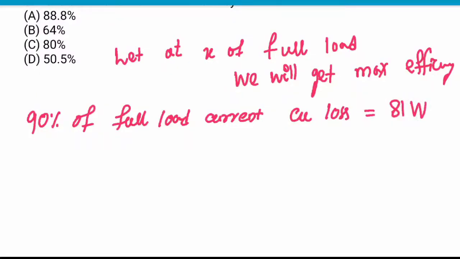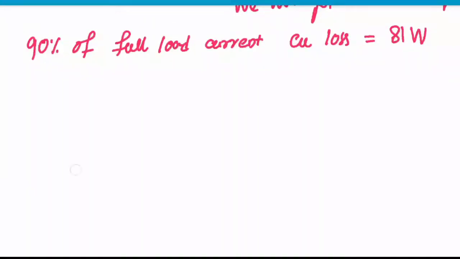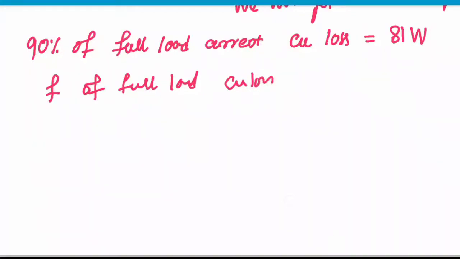This is given, and you must have known that for suppose fraction f of a full load, copper loss will be equal to f square into copper loss at full load.